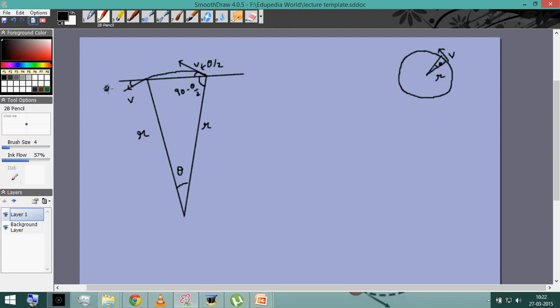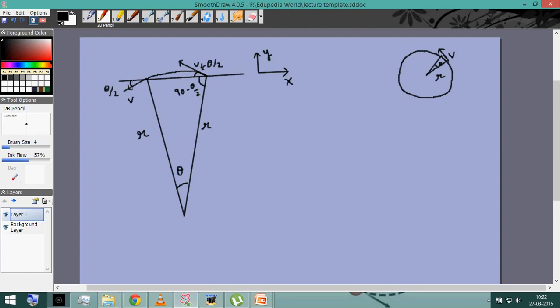If you divide it by 2, each of these angles will be 90 minus theta by 2, half of 180 minus theta. And since this total angle is 90 degrees, this little angle becomes theta by 2. Right, this small angle is theta by 2. Similarly, this small angle is theta by 2.